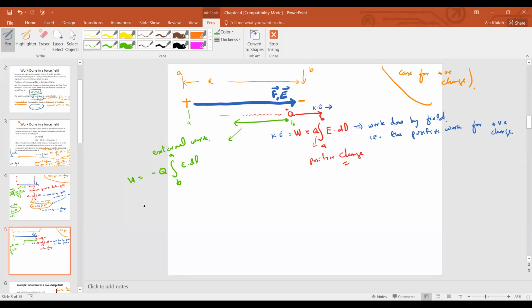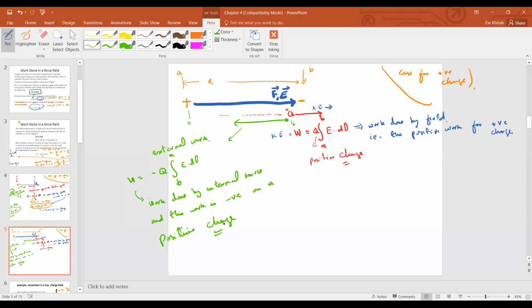So this external work is the work done by an external source, and this work is negative on a positive charge.